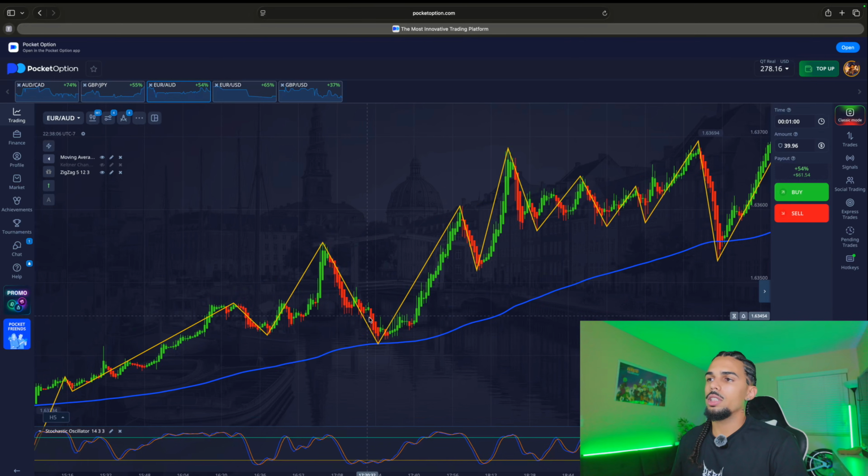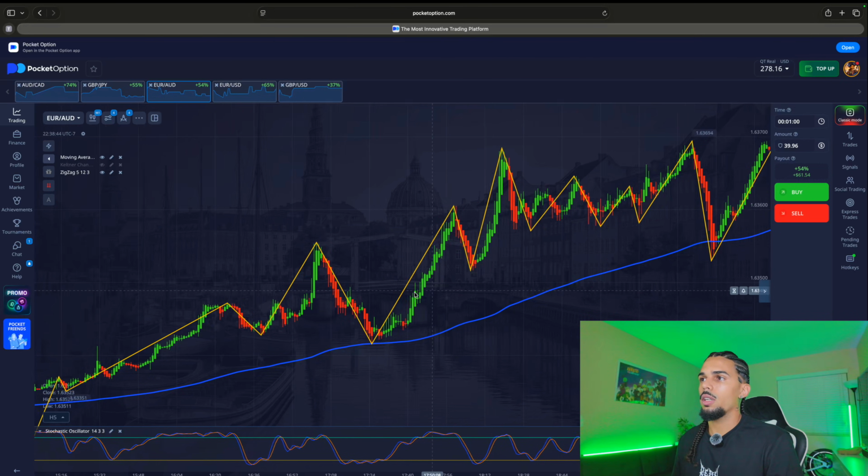It continued to sit on top of the EMA, letting us know more buys than sells, more bulls than bears in this overall trend. But as soon as it came to that 200 EMA, what did it do? The bulls used the EMA as support to continue their overall trend of what's going on in the market.